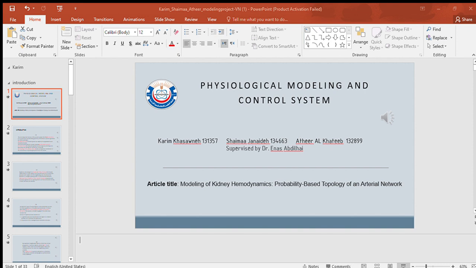And we use these equations to determine the functions of plasma protein concentrations. And we use these equations to determine the tubuloglomerular feedback function. Finally, we use these equations to determine the equilibrium pressure. But notice that the parameter PA in the single nephron model becomes a variable in the nephron arterial network.